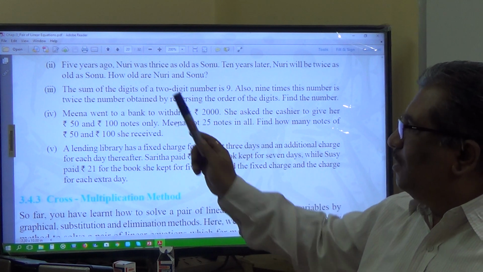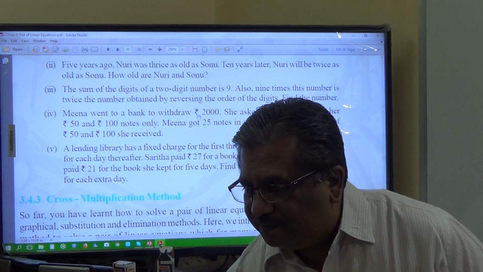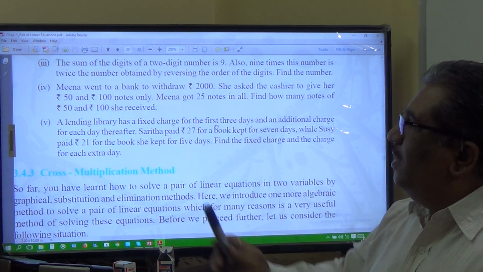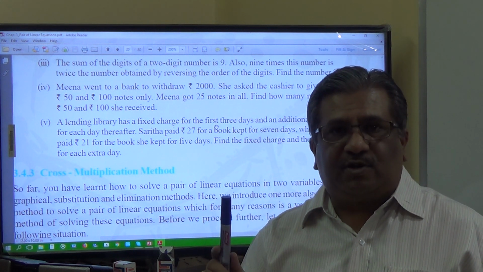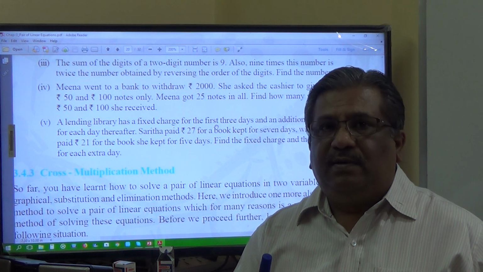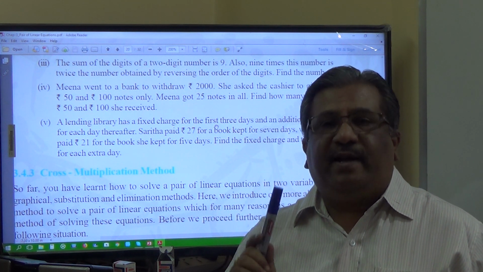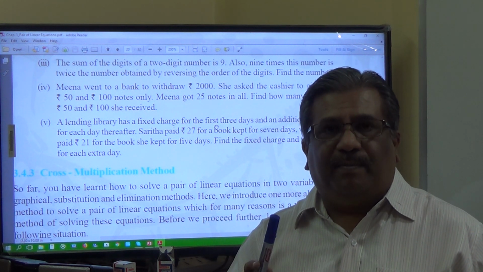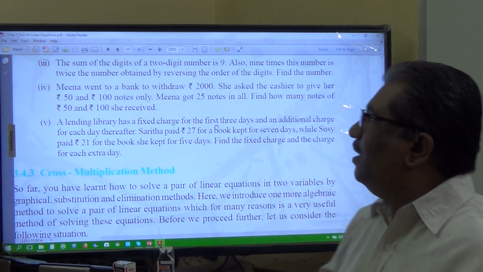I'll pick up the third question. Very important for the third question, reading very carefully and comprehending the problem is most important.